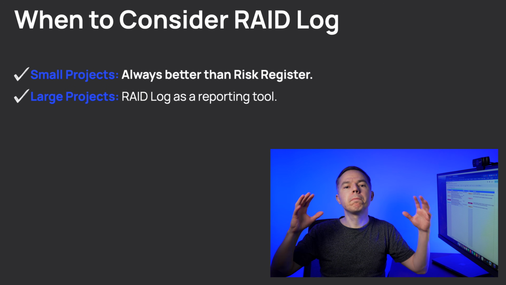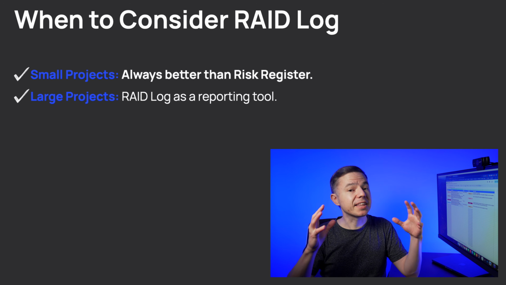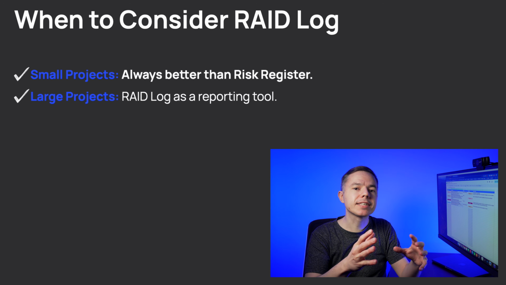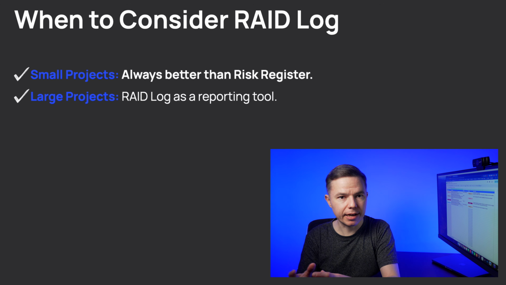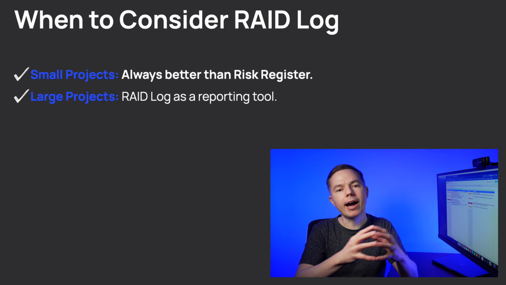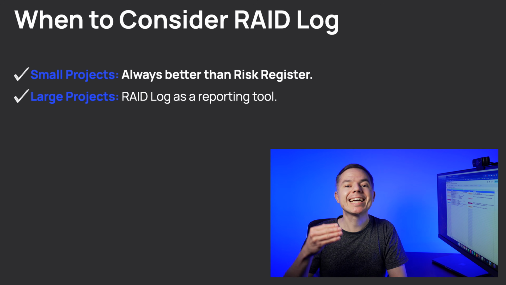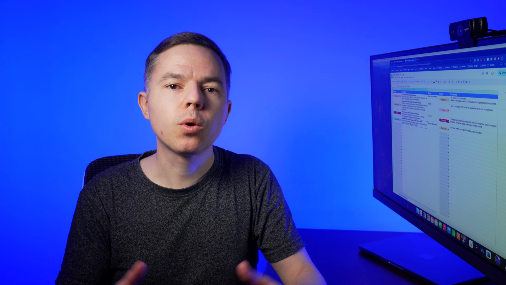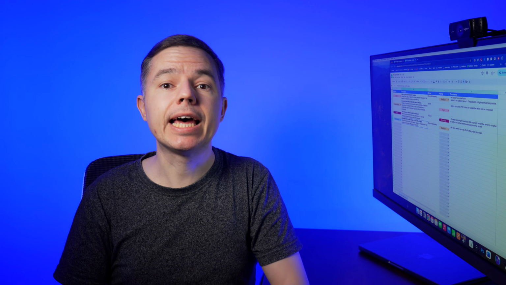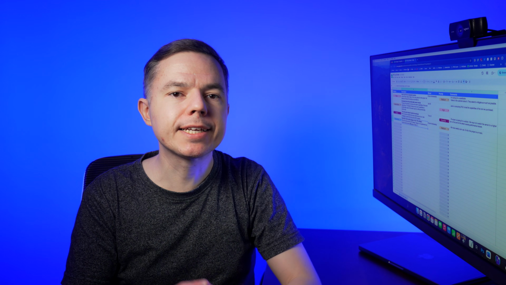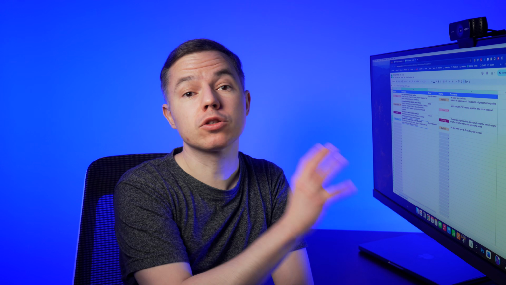Large projects will benefit from the RAID log, but only as an additional reporting tool. In practice, you will have a dedicated risk register, but you will summarize the most critical information in the RAID log for executive meetings. So use it when stakeholders need a spaceship dashboard to focus on the most critical aspects that you cannot solve alone.